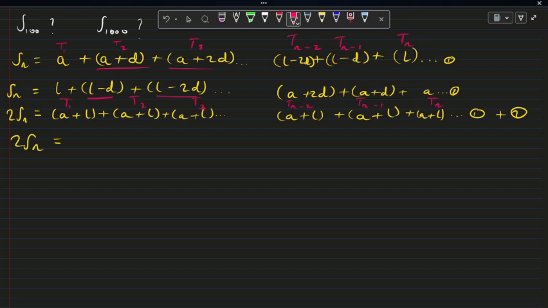So essentially what I have is A plus L's. How many A plus L's do I have? I have n A plus L's. Let me repeat. I have a situation whereby I have A plus L, A plus L, A plus L, A plus L, A plus L. But then I have to recognize that there are n A plus L's.